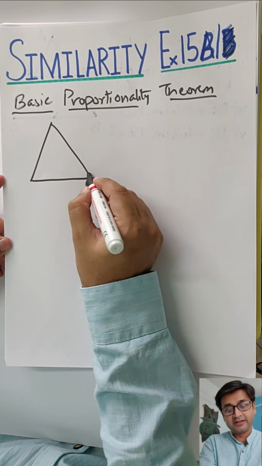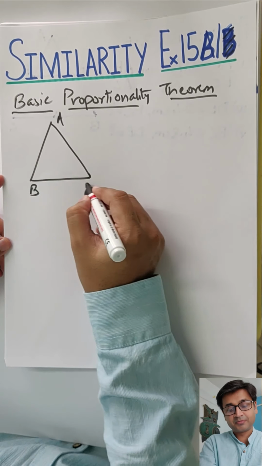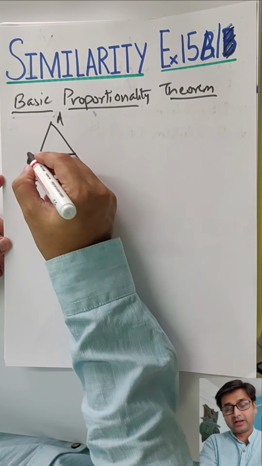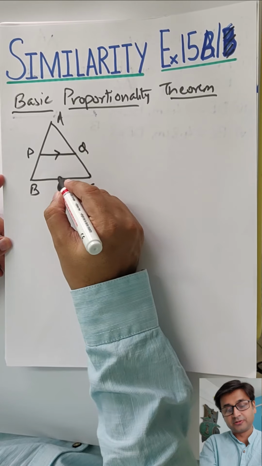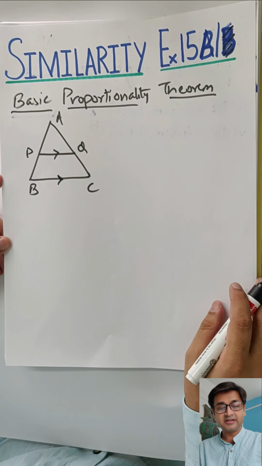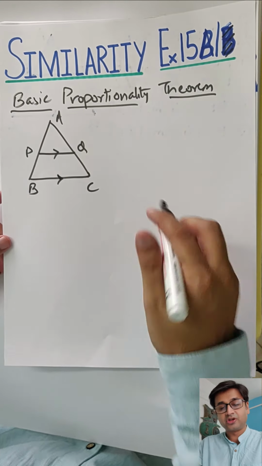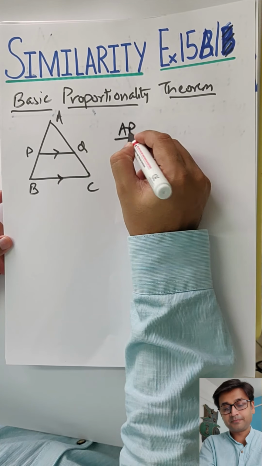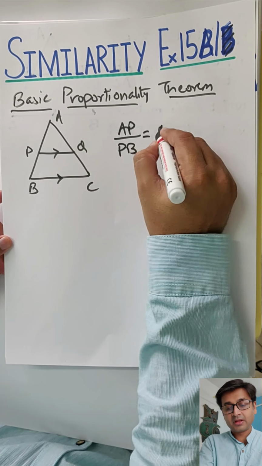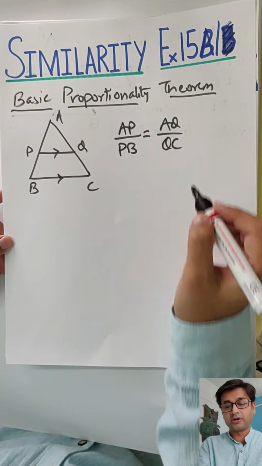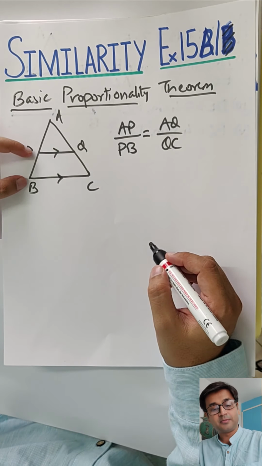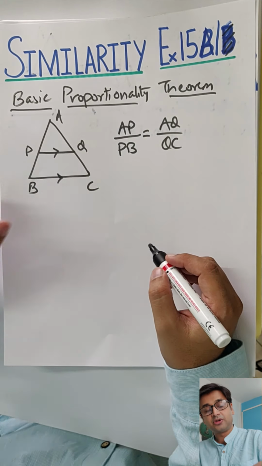If you have a triangle ABC and there is a line parallel to one side of the triangle, let's say PQ, then the other two sides are divided in the same ratio, as in AP upon PB is equal to AQ upon QC.